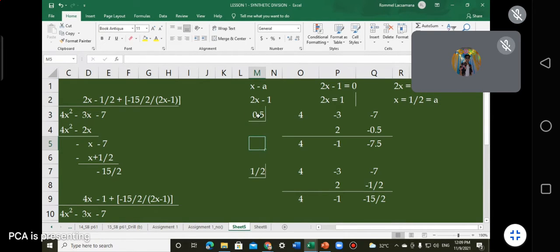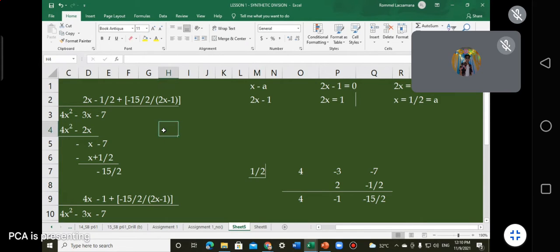Remember that. For this one, x is 1 half, but we're not really dealing with what? Decimal, ha? Okay, hindi pwede ang decimal. Mali ito. Okay? So we are dealing with the proper fraction, 1/2 is a proper fraction.